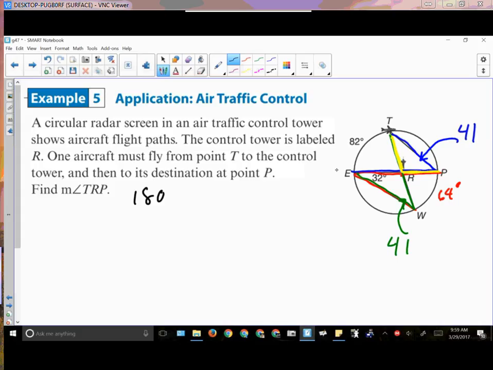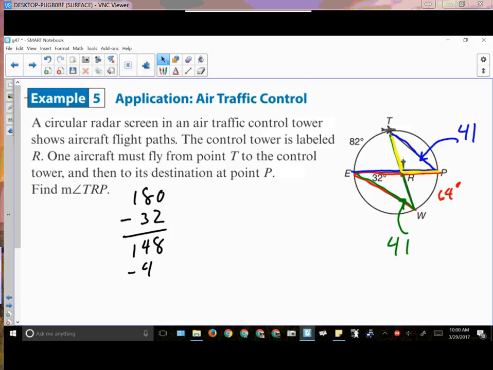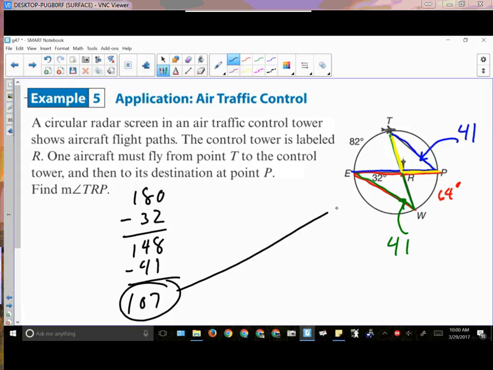I take off 32 and I'm left with 148, right? I take off another 41 and that would leave me with 107. So this angle measure here would have to be 107 degrees. By the vertical angles theorem, this one down here also is going to be 107 degrees.